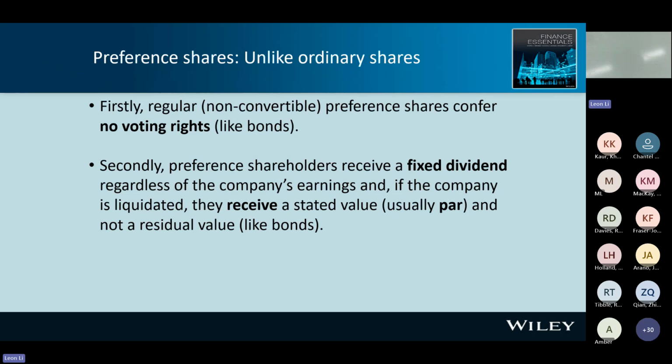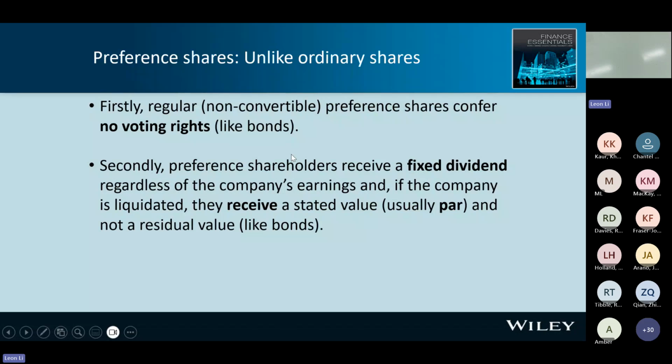First, preference share owners have no voting right. Ordinary shareholders have voting right, but preference shareholders have no voting right. Second, preference shareholders receive a fixed dividend, and they will receive a stated value, like a par value, on the maturity date.